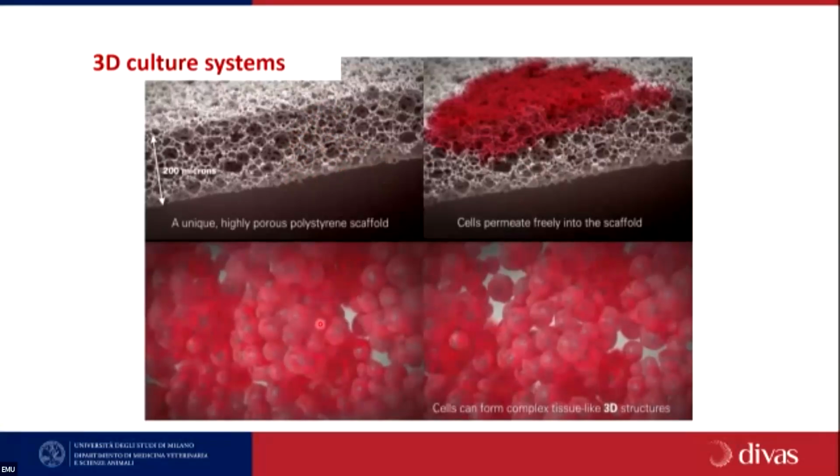And most importantly, we allow cells to maintain their three-dimensional aggregation and organization. This completely changes the situation from what we saw in our previous slides, where cells were flattening and acquiring a completely different way to engage in cell-to-cell interactions.